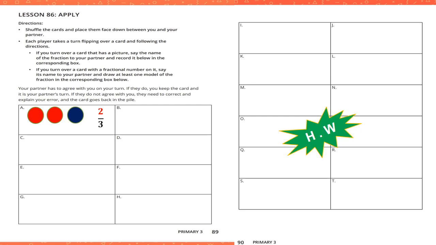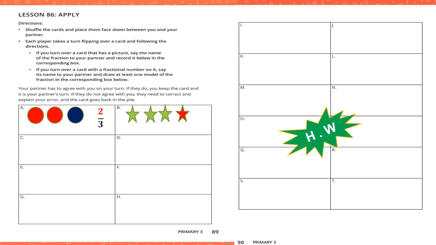Let's open the second card. We have a set of stars, and the question here is we want the fraction of green stars. Ask yourself again, how many green stars are here?